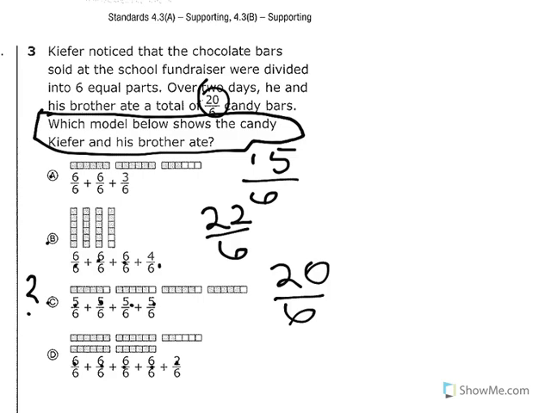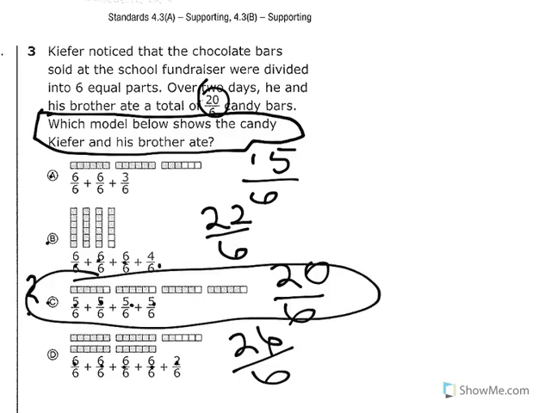And we know 6 times 4, because there's 4 wholes there, that's 24 plus another 2 would be 26/6. So it looks like our correct answer choice would be C, which adds up to 26/6. And it just looks kind of odd, that answer choice, because it looks like on that one they ate 4 candy bars, all except for one piece of them. But that's the correct answer.